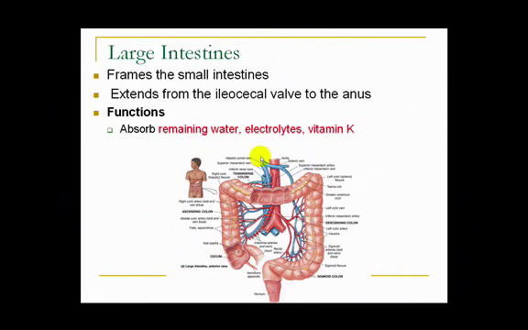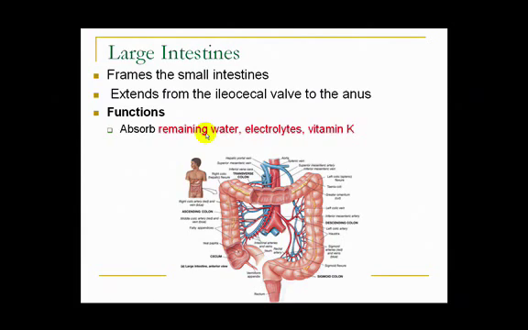So now we're into the large intestines. And we talked anatomy-wise, it frames the small intestines. You have your ascending, transverse, descending, sigmoid colon. And so it extends from the ileocecal valve to the anus. And its main functions in the large intestines: you've already absorbed most of your nutrients, but what you will absorb is any remaining water. So the fluid chyme is now going to become more solid.